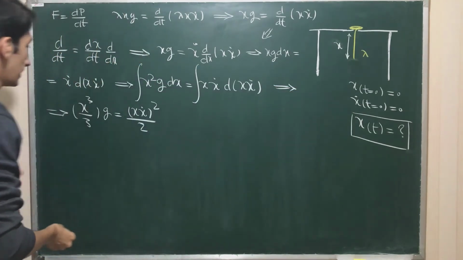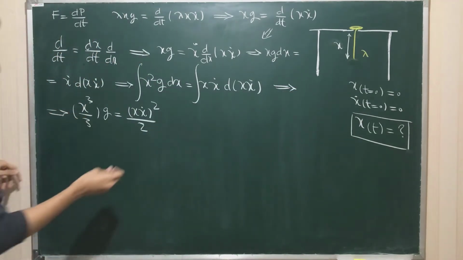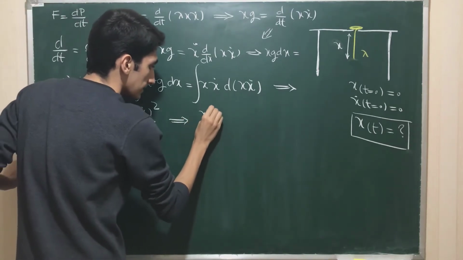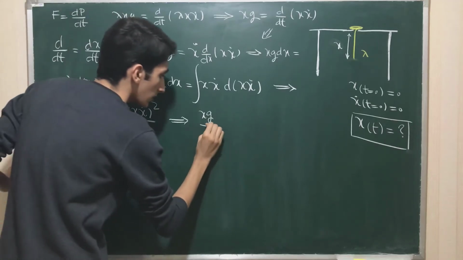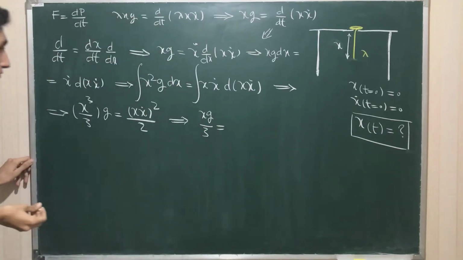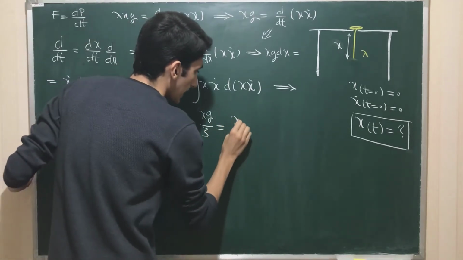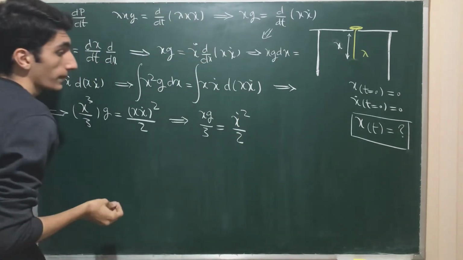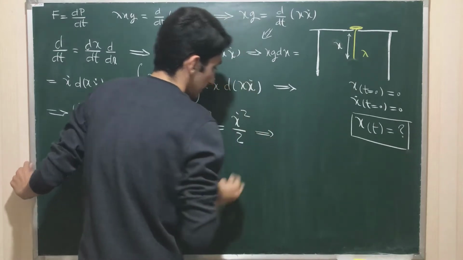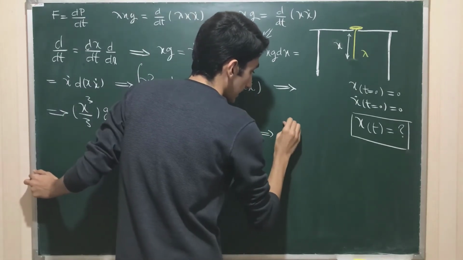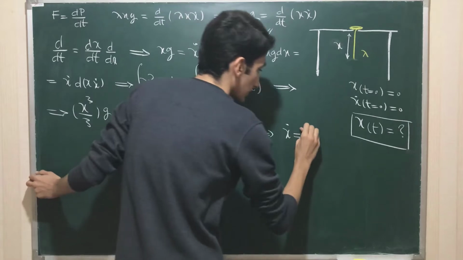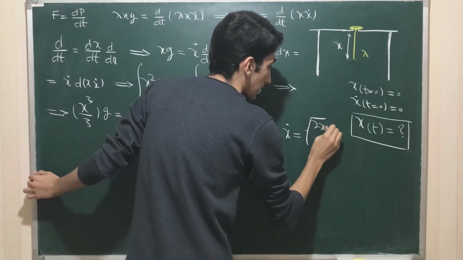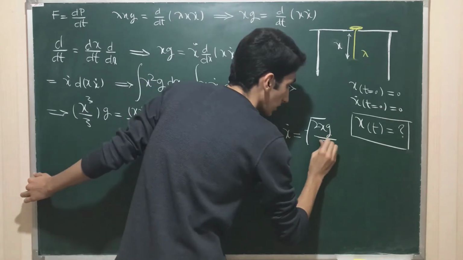initial conditions here. So the x squared terms cancel out from both sides, and I would get that x times g over 3 is equal to x dot squared over 2. And from that, I can write x dot is equal to the square root of 2 times x times g over 3.